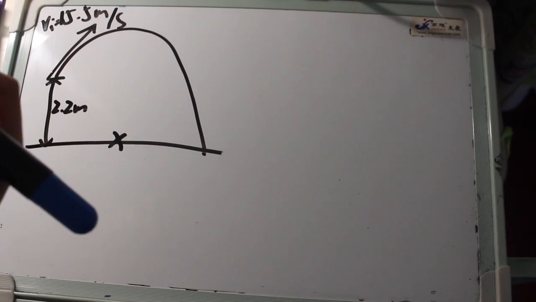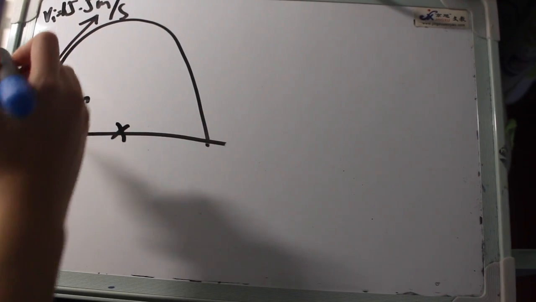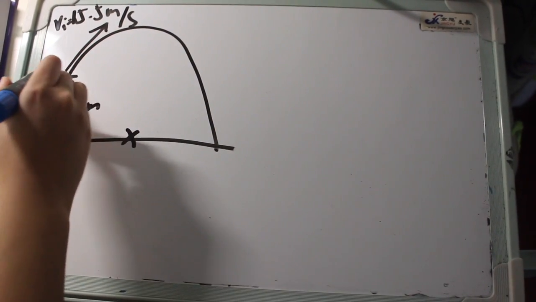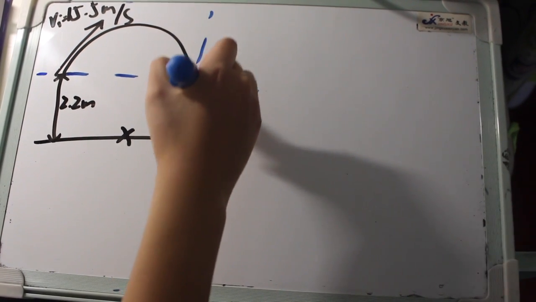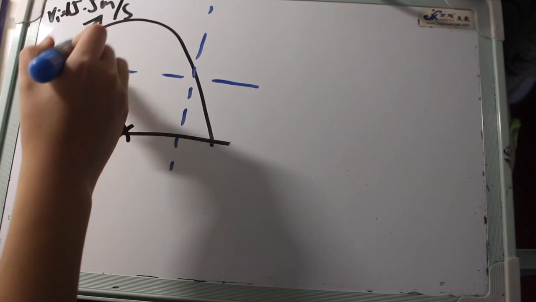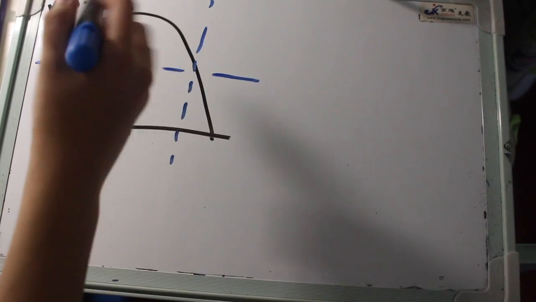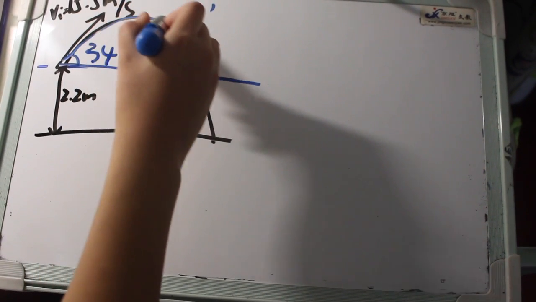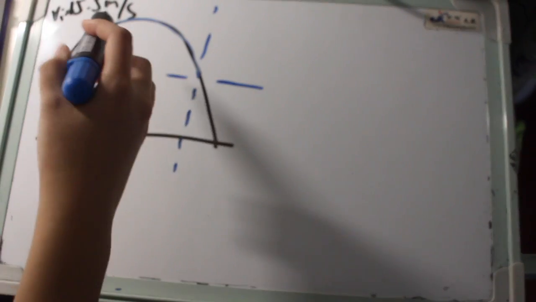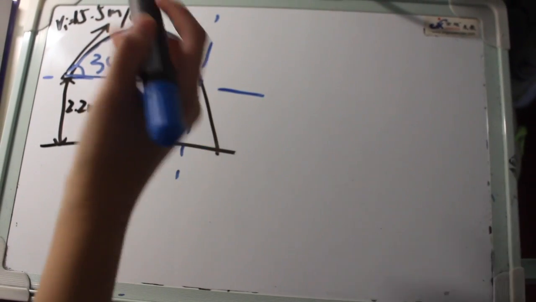Let's solve question 2. In order to solve this, we can divide this parabola into two parts. We should know this part. The ball used to cross this part first.